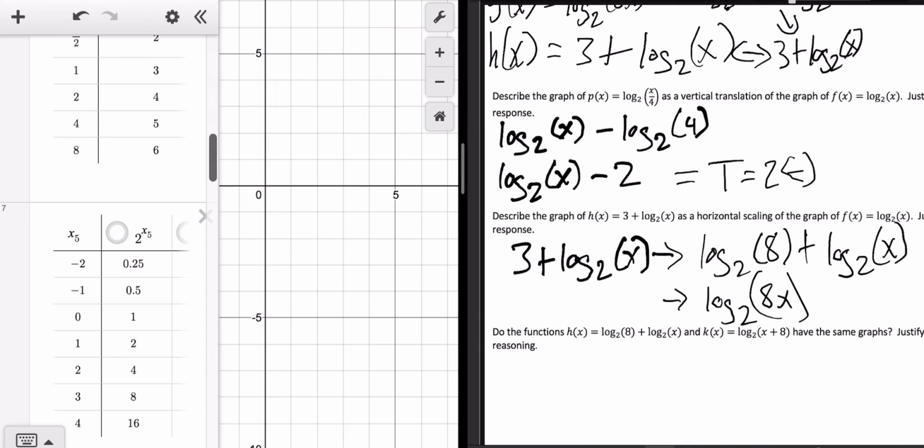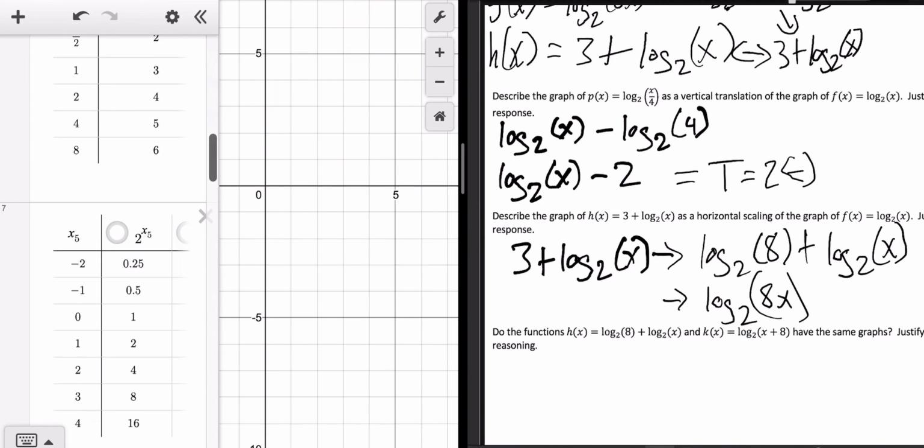Okay, so it says do the functions right here, h of x is equal to log 2 of 8 plus log 2 of x, and k of x, do they have the same graph? Well, no, those are not going to have the same graphs. Because you can plug in any number until that's not going to work.